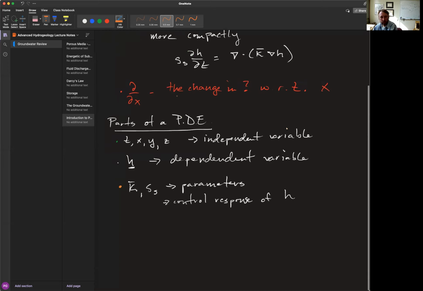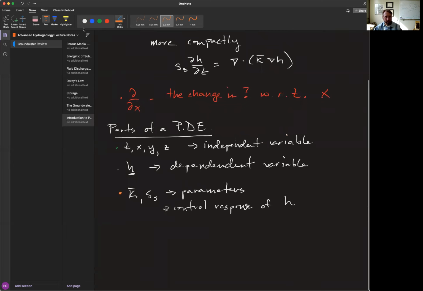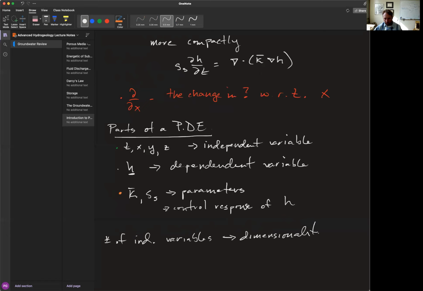So some other things we can think about. Well, the number of independent variables is really the dimensionality. So we'll oftentimes refer to a three-dimensional partial differential equation, for example.